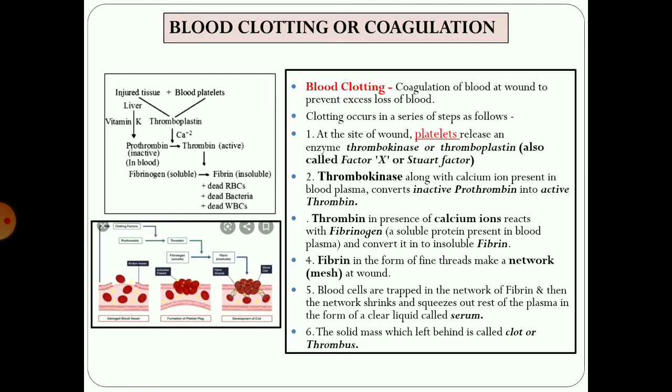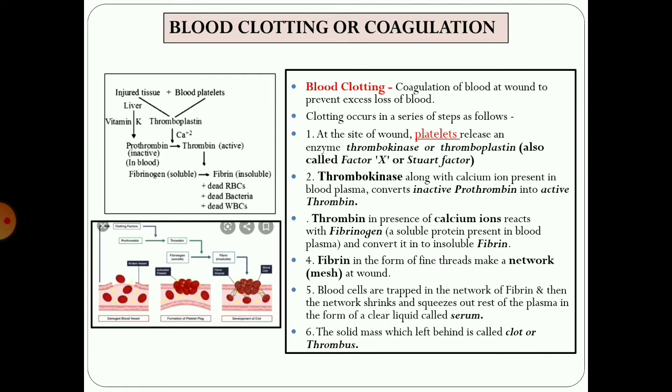These polymerize to form a network or mesh at the wound. Red blood corpuscles, white blood corpuscles, and platelets get entangled in this mesh. This mesh then squeezes to release the rest of the plasma in the form of a clear fluid called serum, and the solid material left behind is called thrombus.